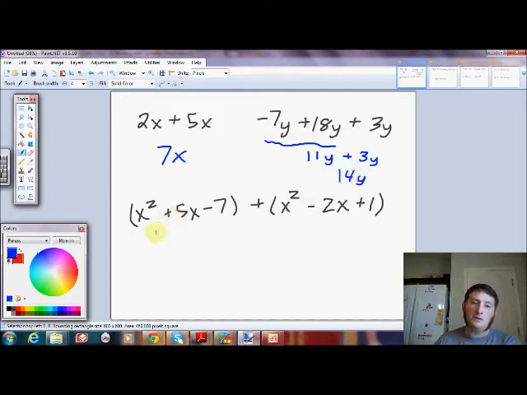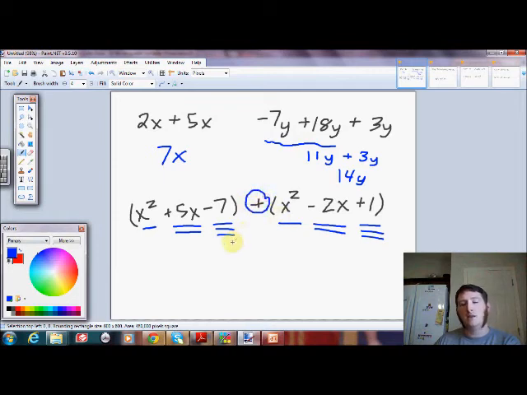This one's maybe the trickiest so far. We have x squared in this parentheses and x squared in this parentheses, plus 5x minus 2x over here, minus 7 plus 1. These two pieces are grouped into parentheses and are being added together.